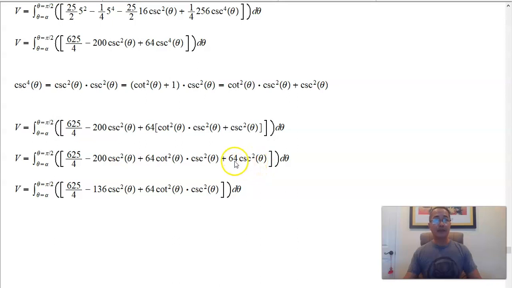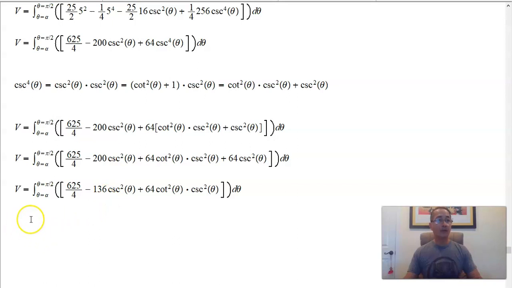So that plus 64 can join the minus 200 to minus 136. Yeah, plus 64, that's minus 200. And then we have this. Now, the derivative of cotangent is negative cosecant squared. So therefore, the antiderivative of cosecant squared is negative cotangent.